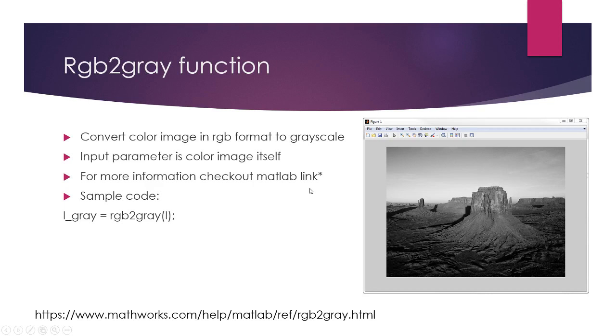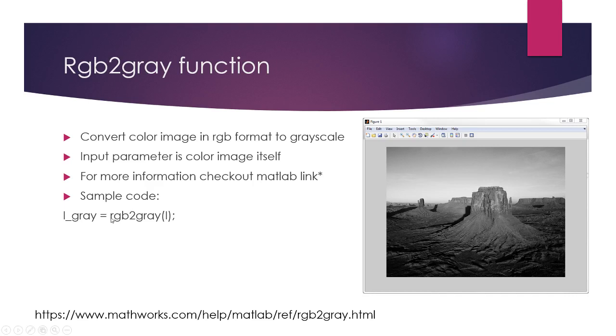Let's look at the rgb2gray function. What this typically performs is it converts a color image which is in RGB format into a grayscale. So a color image is a combination of three different channels of intensities, and intensities can be either 8-bit or 16-bit or 24-bit depending on the capability. So here in our case we are considering 8-bit.